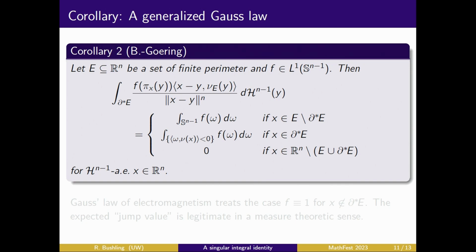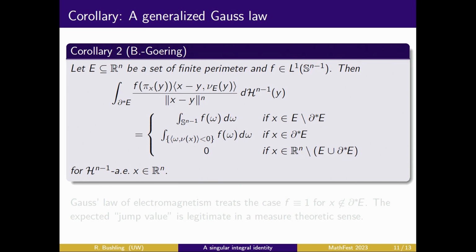The second corollary is, I can only describe it as a generalized Gauss law of electromagnetism. Gauss's law of electromagnetism would tell us if I have some electromagnetic potential either centered inside of a nice closed bounded set or outside of a nice closed bounded set, you either get this quantity up here or that quantity down there. But there are two things it doesn't do.